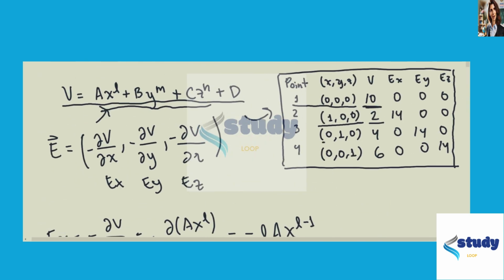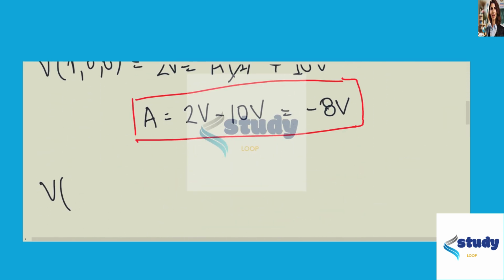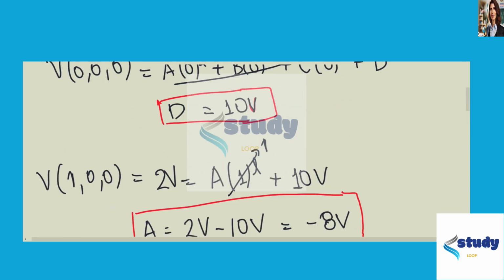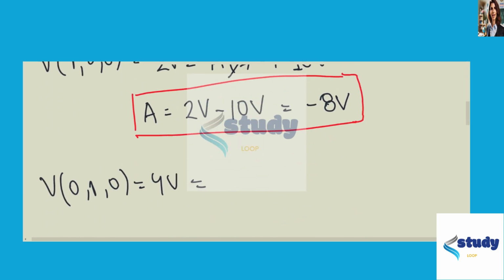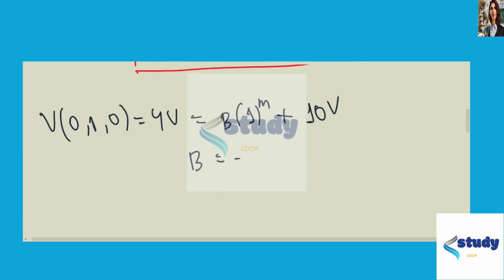We now use this point, 0, 1, 0, which has a value of 4 volts. In this case, the only term that survives is B times 1 to the M plus D, which is 10 volts, so B is equal to minus 6 volts.